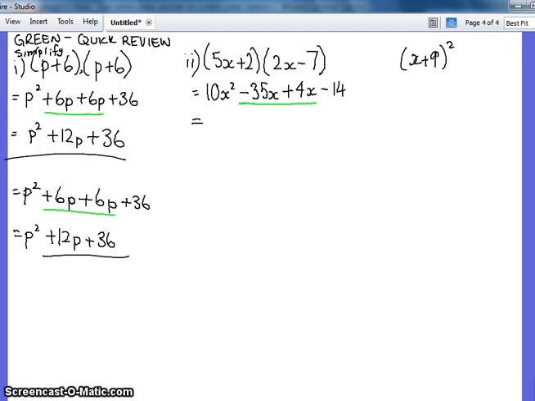Alright, so Jared, what would you do with them? Minus 35x plus 4x, which would be minus 31x. Good. Minus 31x, so that's that number line, or if you haven't got a number line, that's using your calculator. And 10x squared has to remain the same, and minus 14 needs to remain the same because there's no numbers on their own and there's no other x squareds. So that's as simple as you could make it. Alright? You two that do the FOIL method, are you alright with that?